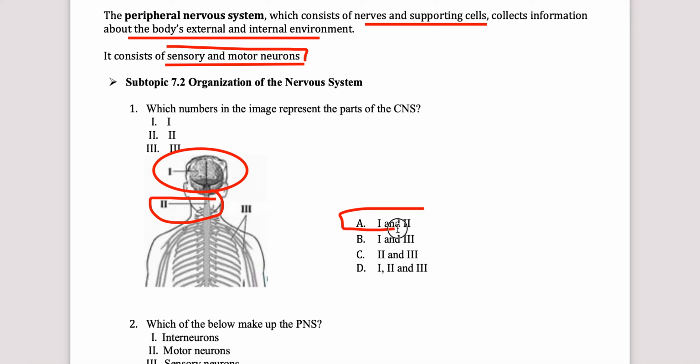In case the same question is asked, which number in the image represents not the CNS, if they say PNS, let me just write it. Imagine if they say you identify PNS, so what you will say for the PNS is only 3. So only 3 is related to the PNS.